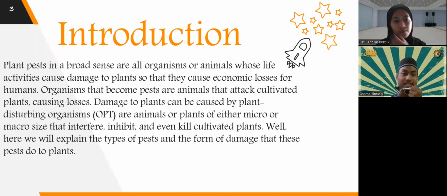Plant pests, in a broad sense, are all organisms or animals whose life activities cause damage to plants so that they cause economic losses for humans. Organisms that become pests are animals that attack cultivated plants, causing losses.